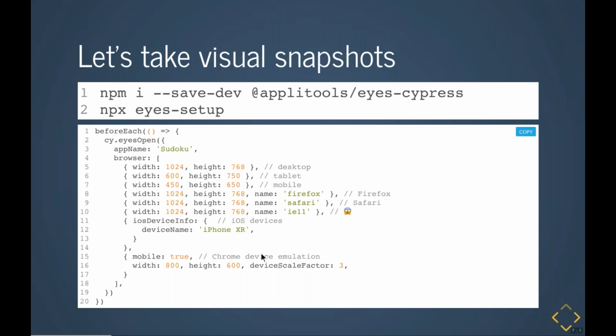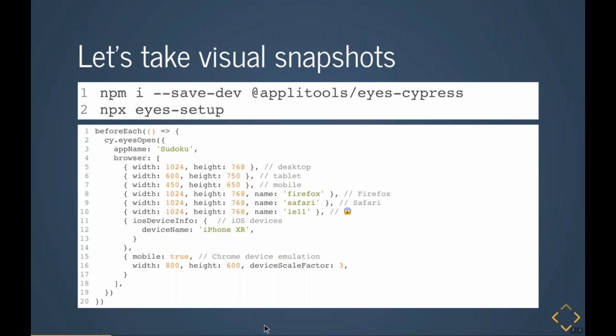And if you want iOS devices like iPhone and iPad, then you can specify them here. And if you want what we call Chrome device emulation, just like you have in the Chrome DevTools, you can specify it here, specify which width and height you want, and pixel density, and all kinds of things. So you can basically support any Android device in existence, because all Android devices basically run Chrome. So you have a range of browser support: Chrome, Safari, Firefox, IE11, iOS, and Android.